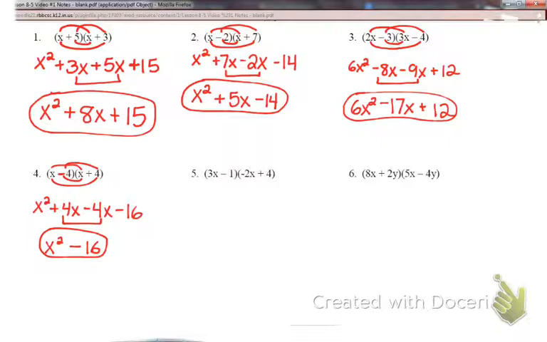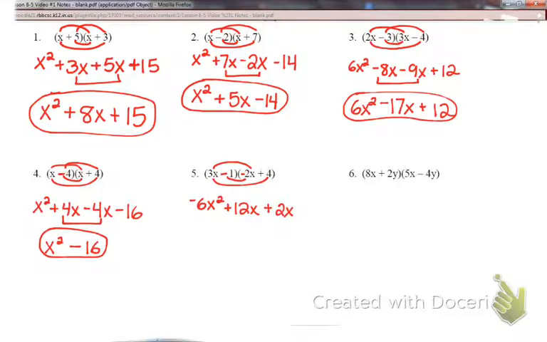Number 5, use FOIL. For your firsts, that's a negative 6x squared. Outsides gives me positive 12x. Insides give me, that's positive because it's a negative times another negative, so positive 2x.